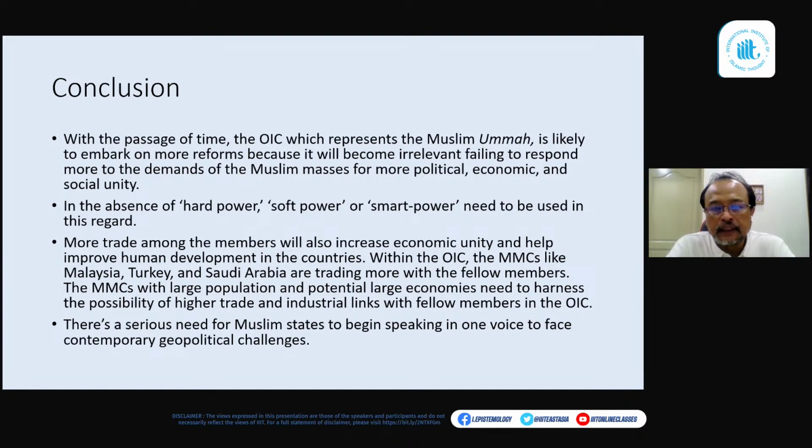So if there is anything to learn from this experience, since we already have this organization, it is to start small again, and D8 probably can play a significant role in establishing more economic cooperation among themselves. Start with non-sensitive areas and then expand, and eventually integrate this organization into the OIC to also work on the more politically sensitive areas and begin to find a common voice on international issues.